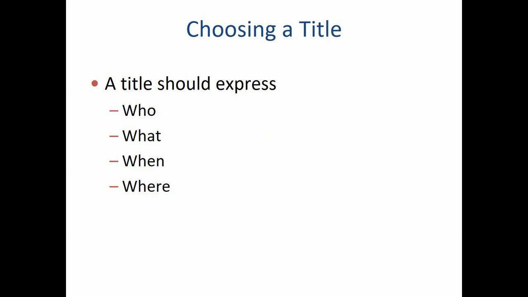Choosing a title for tables or graphs. Of course, the title of the table should be above the table and not included within it, and the title of the graph should be below the graph, but it can be included within the graph below it.